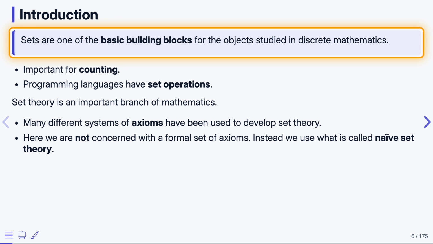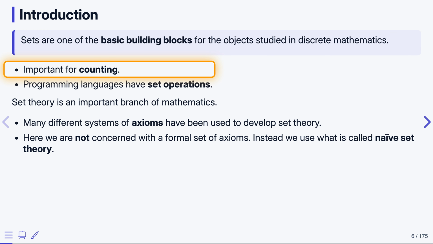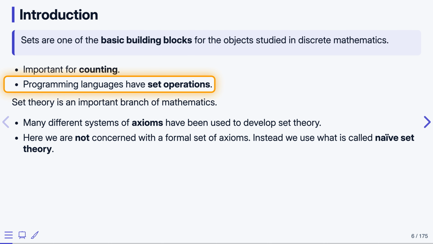Let us start with why sets matter. Sets are one of the basic building blocks for the objects we study in discrete mathematics. They are important for counting, which is a big topic later in the book. And most programming languages give you set operations directly, so this is practical, not only theory.